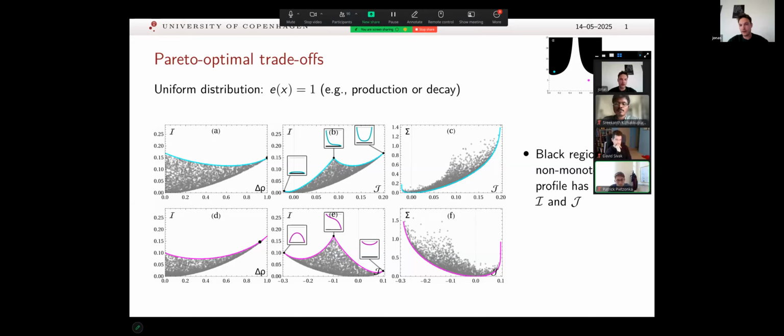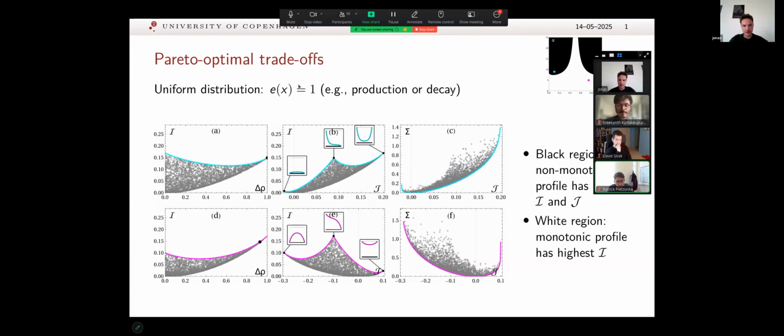While if we now increase, for instance, the reaction rates as compared to the diffusive time scale, we actually find in the top row, in the middle one, that the non-monotonic profiles can now carry the highest positional information while still also carrying the highest and lowest currents. So there is a fundamental difference basically between these two kind of behaviors.